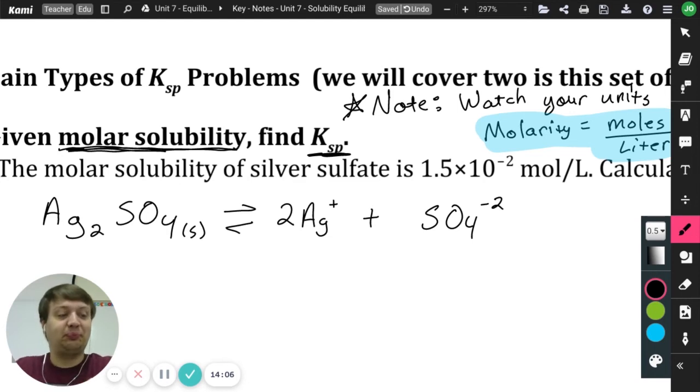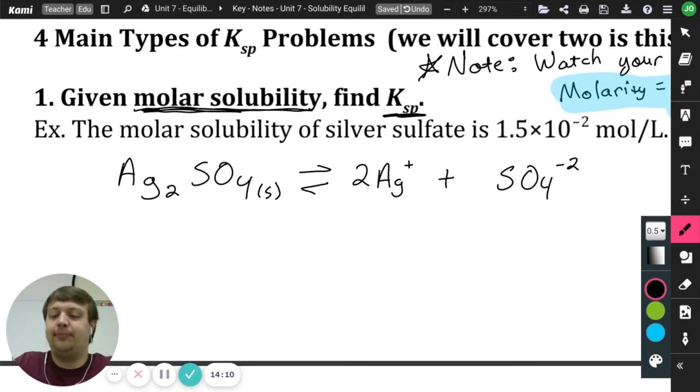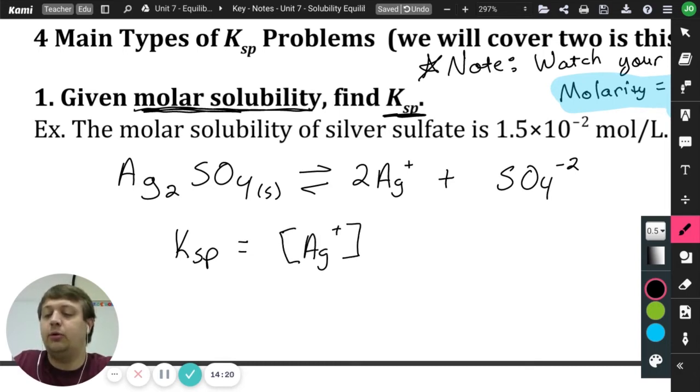Okay? Then I would need to write my KSP expression. So my KSP equals the concentration of silver, and we're going to square that, times the concentration of my sulfate, like that.